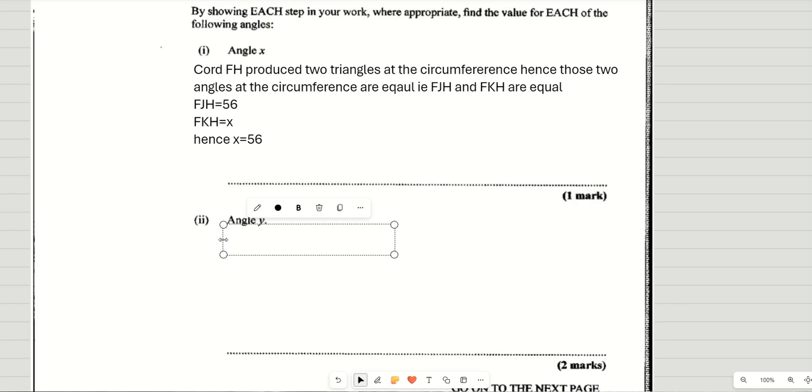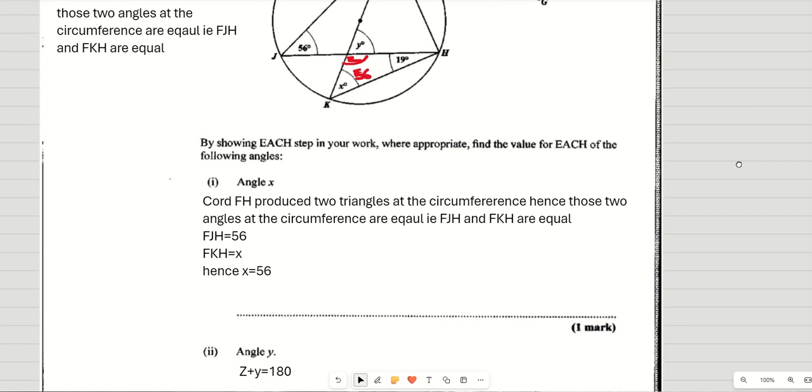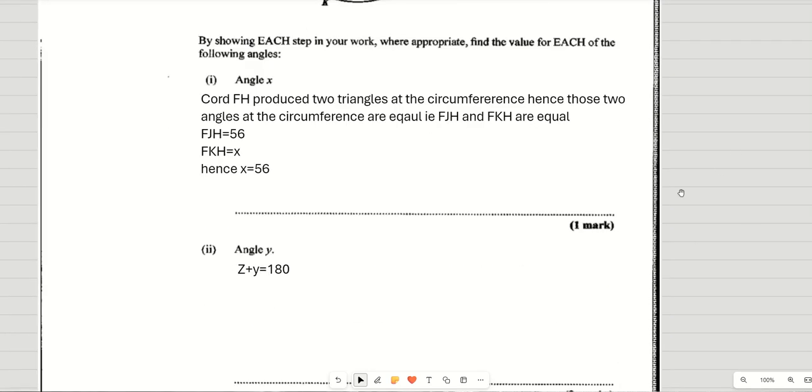Z plus y is equal to 180. To calculate for angle z, we know z plus 19 plus 56 is equal to 180.